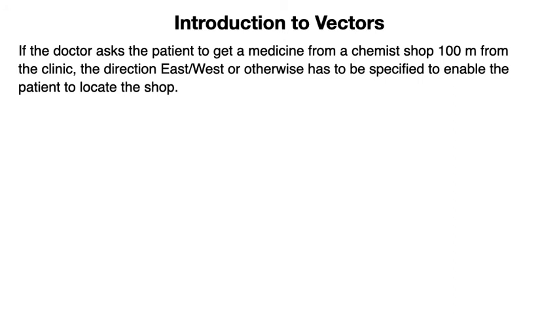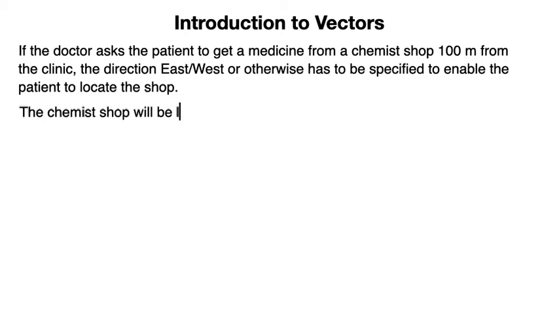Alternately, if a doctor asks a patient to get a medicine from a chemist shop 100 meters from the clinic, here the direction, east, west, north, south, left, right, will have to be specified. Otherwise, the patient will not be able to locate the shop.